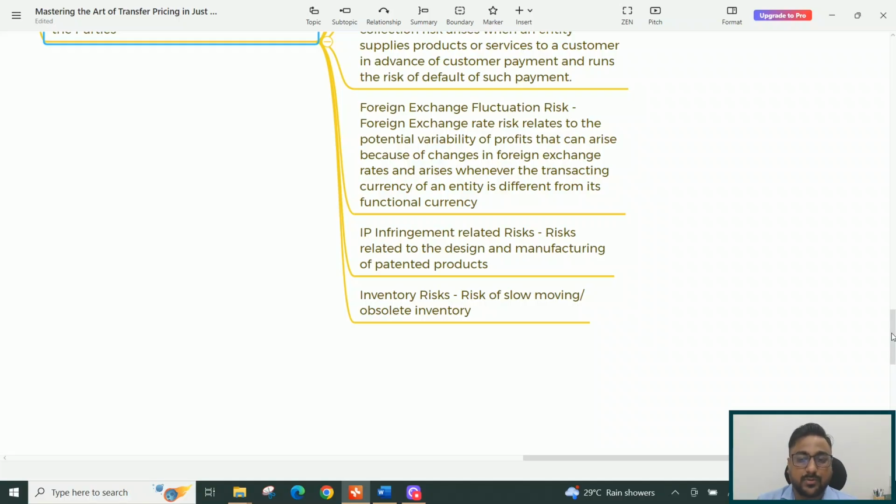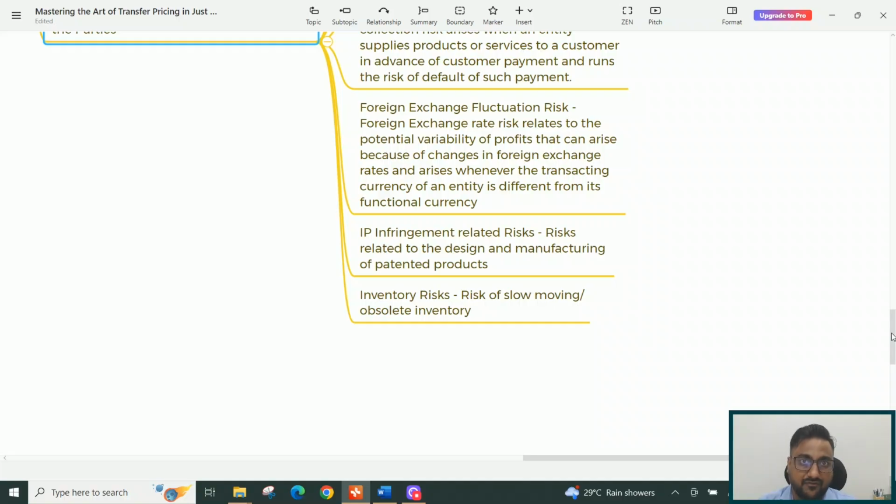And then there could be inventory risk, that is in case of slow moving or obsolete inventory, whether the entity will take back the goods which it has delivered, or how the risk will be allocated between the parties, or which entity assumes the entire risk.